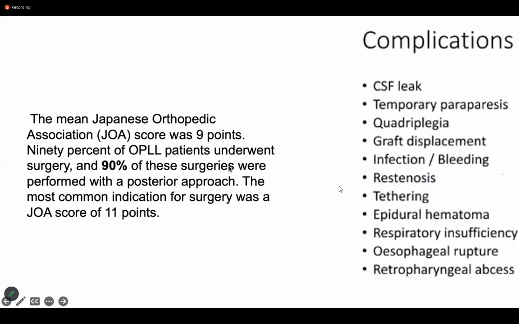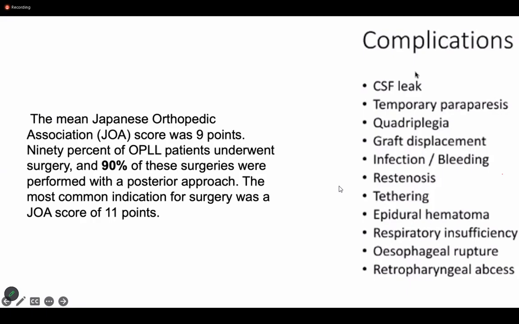In the Japanese statistics, they found 19% of surgeries were performed with the posterior approach, and a score of 0 when indications were around 11 points.